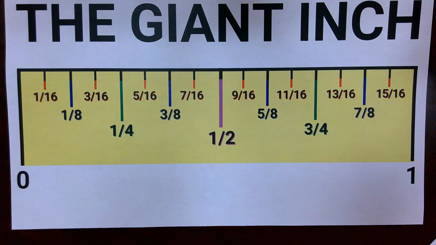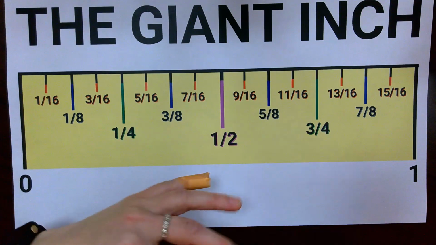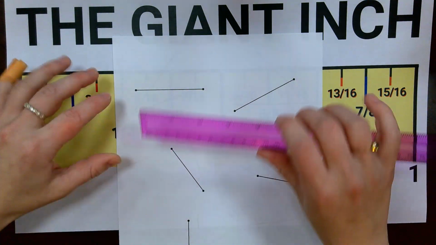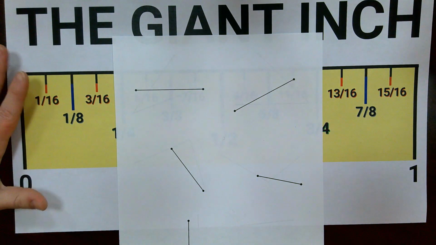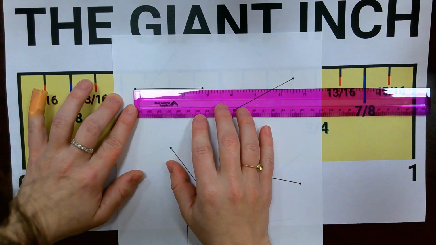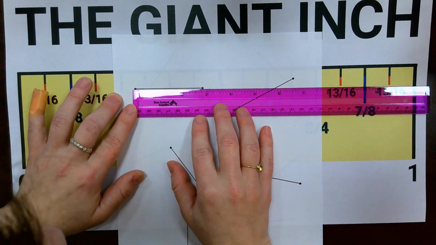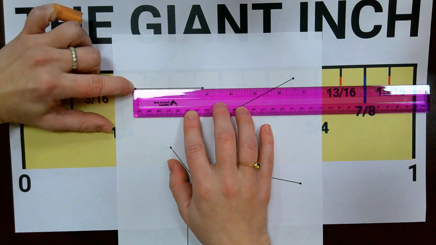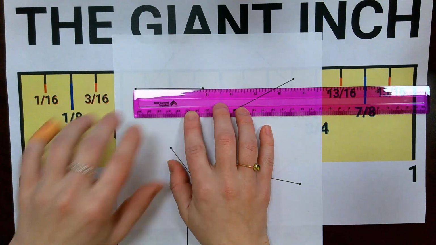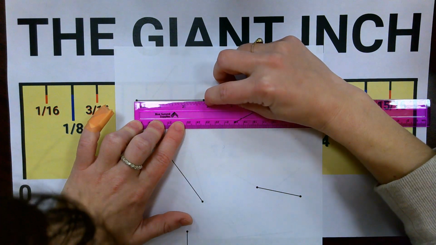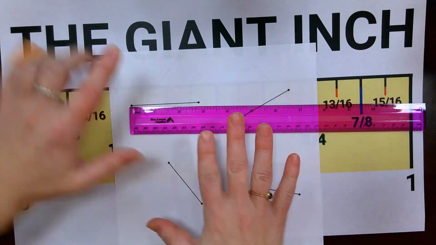Whenever we are measuring a line, for example, let's have our paper flipped to where the 2 lines are on top. I probably should have made the paper more clear about which is up and which is down. I would like you to measure this line right here by putting the starting line right on the edge of the point, and I want you to see where that end line falls.